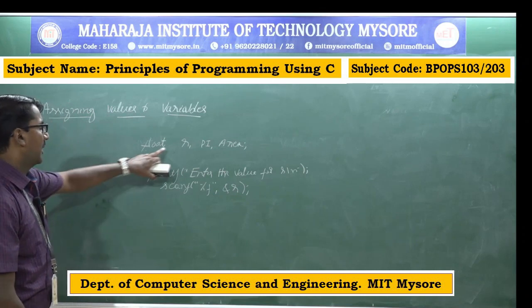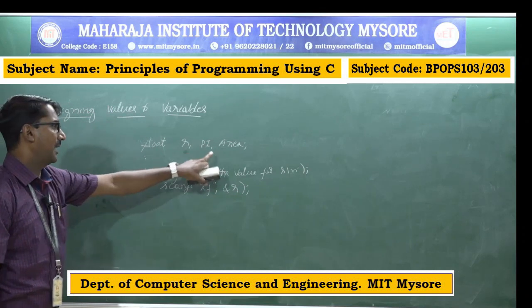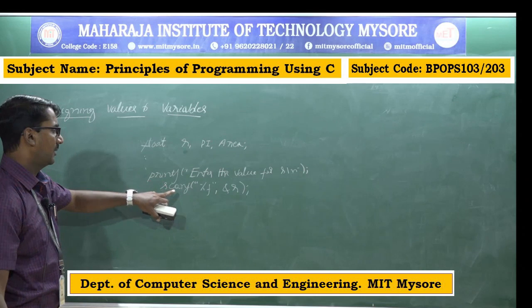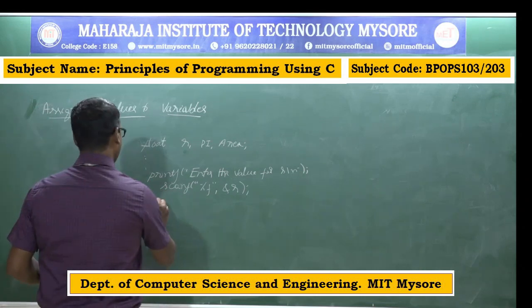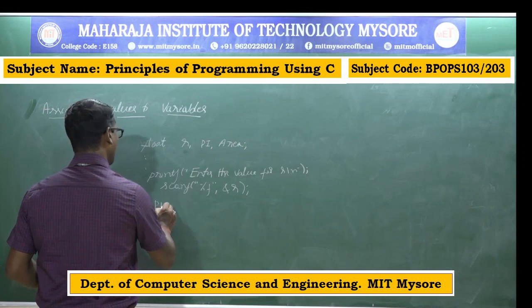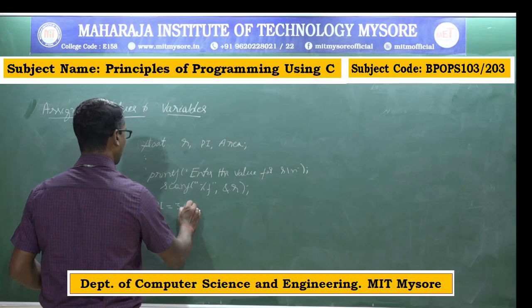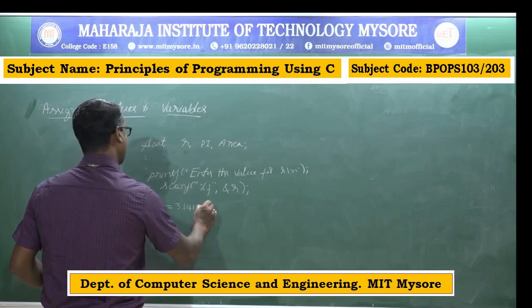Now I have declared three variables r, pi and area. Now here I read the value for the variable r. Then here I will initialize the value, that is pi is equal to 3.1417.